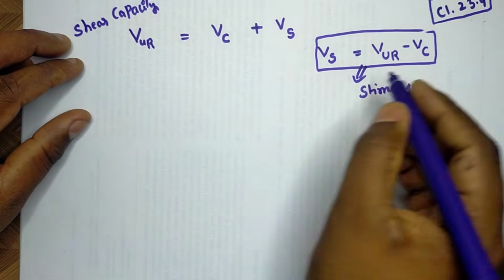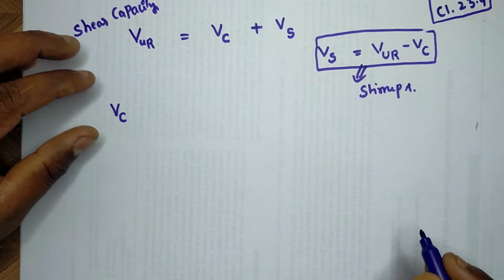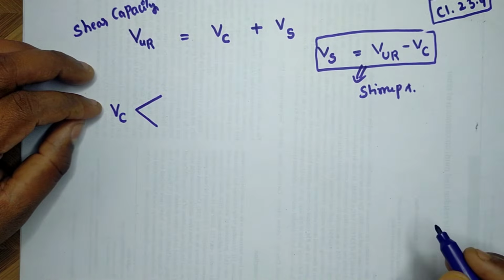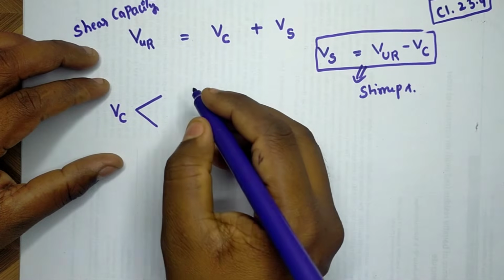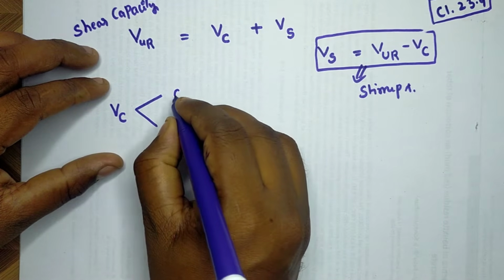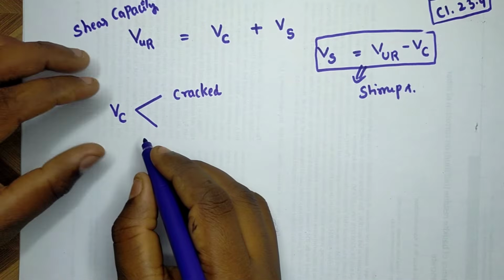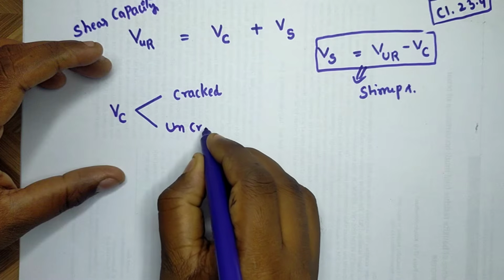To determine the shear contributed by the concrete, we need to confirm whether the concrete is cracked or uncracked. We have one formula for the cracked section and another formula for the uncracked section.